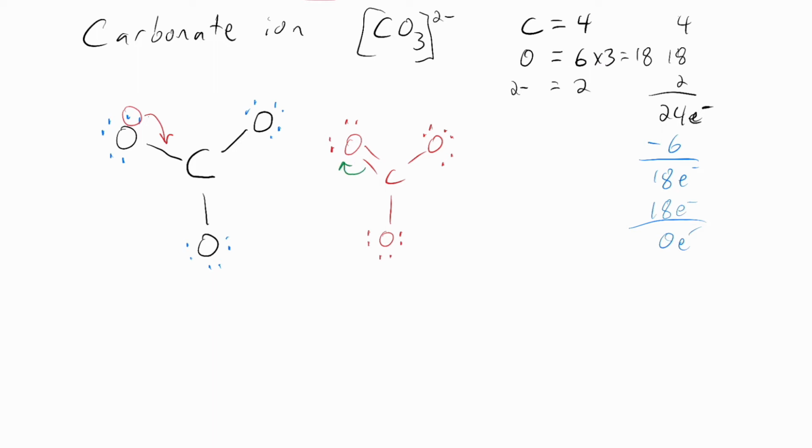The bond can move there, and we use another pair over here, so we get a resonance structure that is like this. 1, 2, 3, 4, 5, 6. 1, 2, 3, 4, 5, 6. And from that point, we can also have the pair of electrons moving there, and then a pair of electrons moving here. And so we'll wind up with this structure.